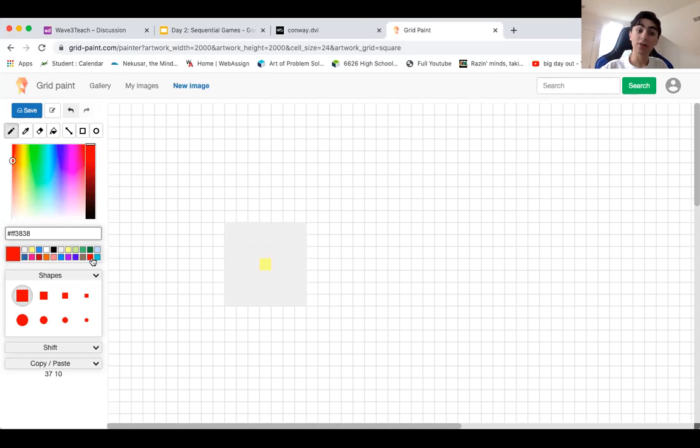Then on the devil's turn, the devil places a red square here, and the angel can no longer move to that square. So now the angel will move somewhere in this square.